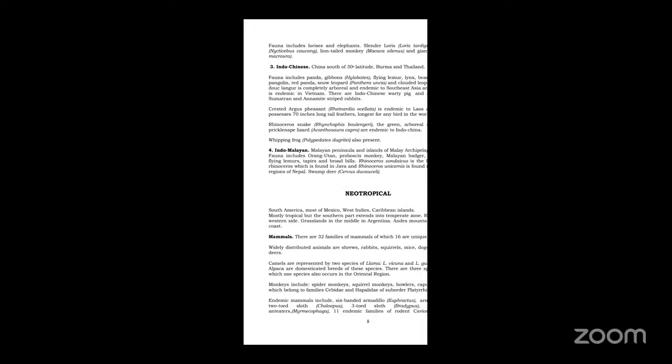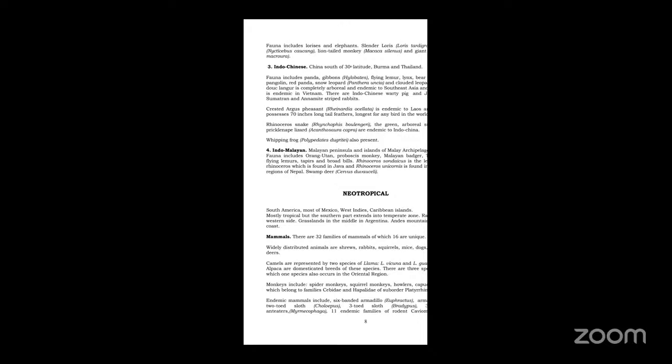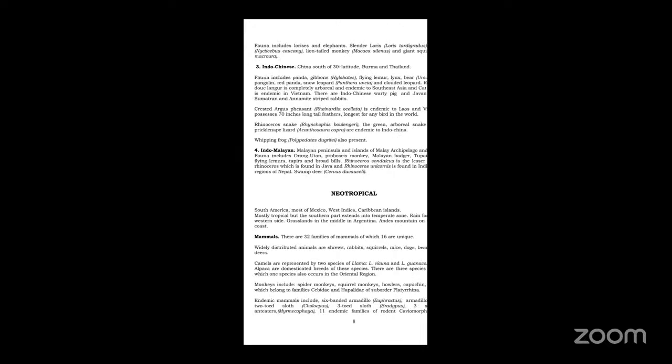And the last sub-region is called the Indo-Malayan region. Now the Indo-Malayan region actually includes the Malayan Peninsula and islands of the Malay Archipelago as well as Indonesia. Now the fauna includes the orangutan, then you have the proboscis monkey, Malayan badger, and then you have tupia, gibbons, flying lemurs, tapirs, and broadbills.